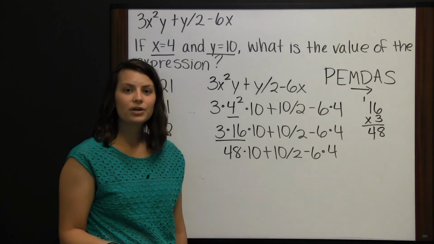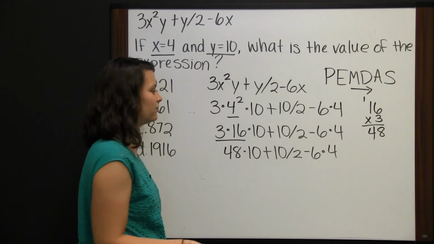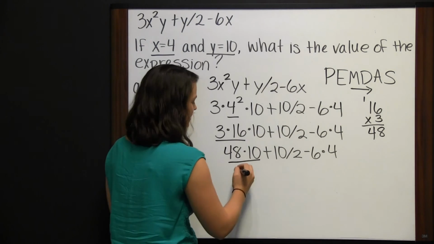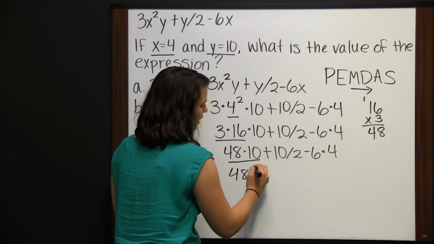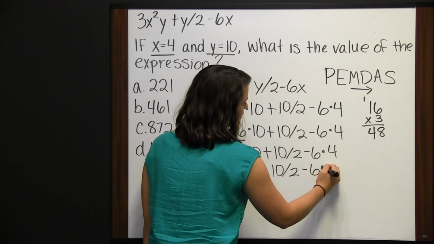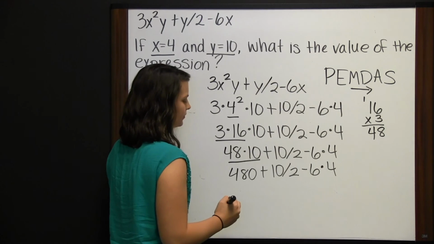We need to continue working our multiplication and division from left to right. So we'll next multiply 48 times 10, which is 480, plus 10 divided by 2 minus 6 times 4.